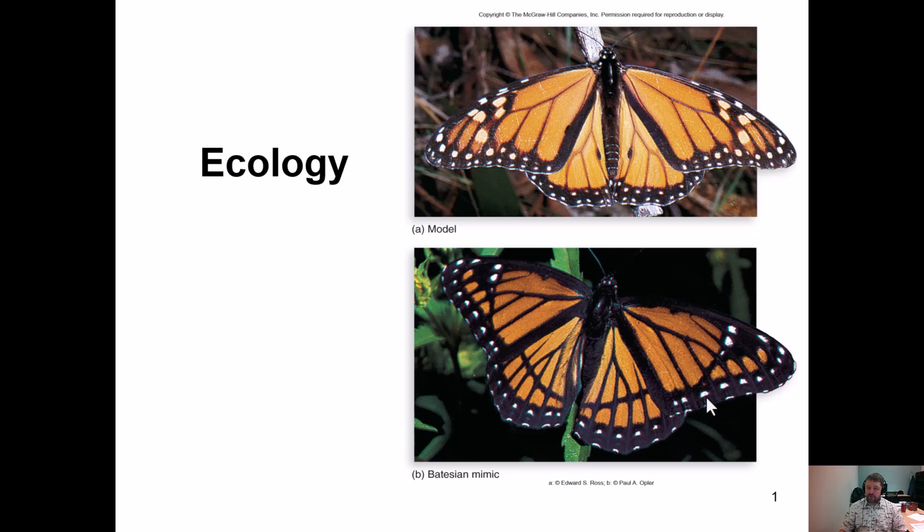Its offspring will have the search image of a viceroy butterfly and will eat viceroy butterflies. And now the population, which was adapted in this form to be in regions where there are monarch butterflies, no longer has the monarch to mimic.